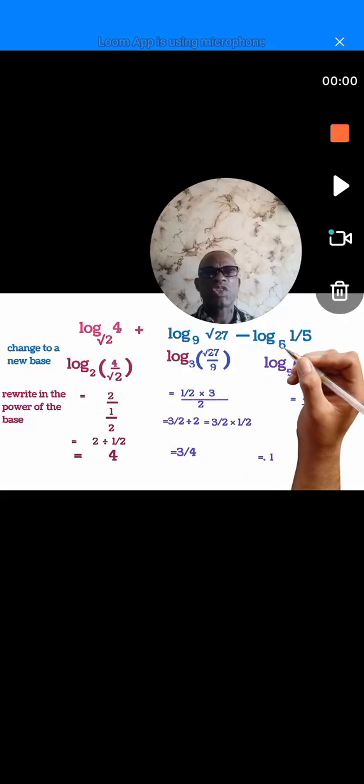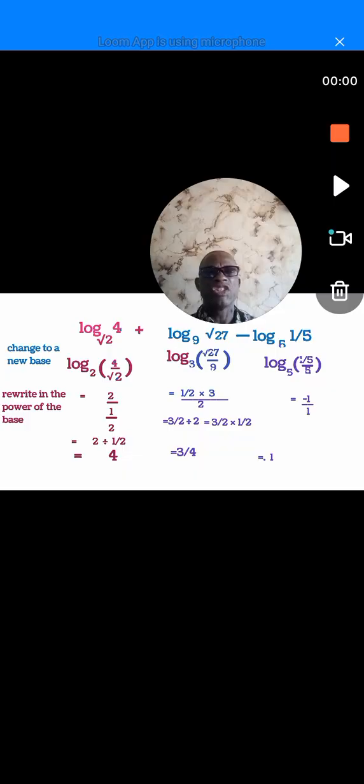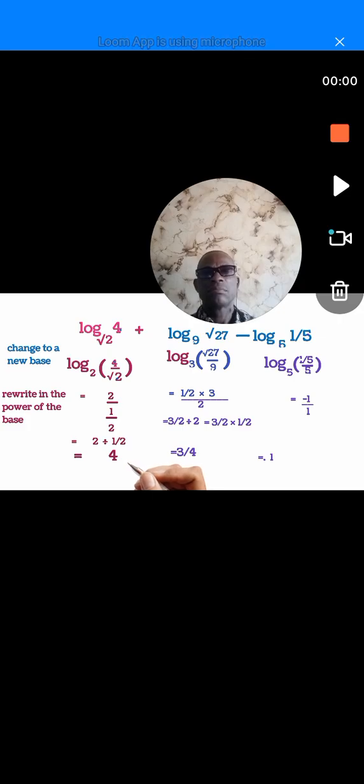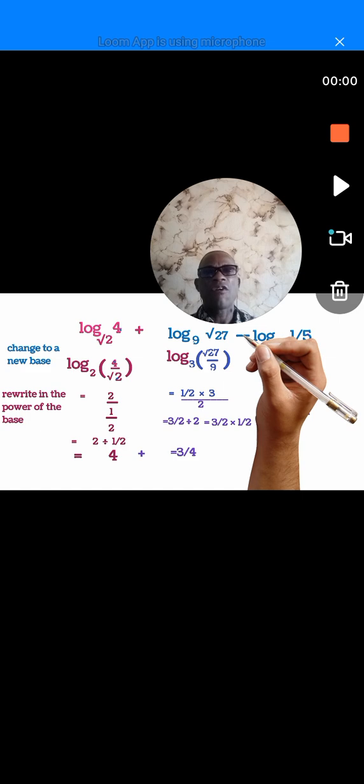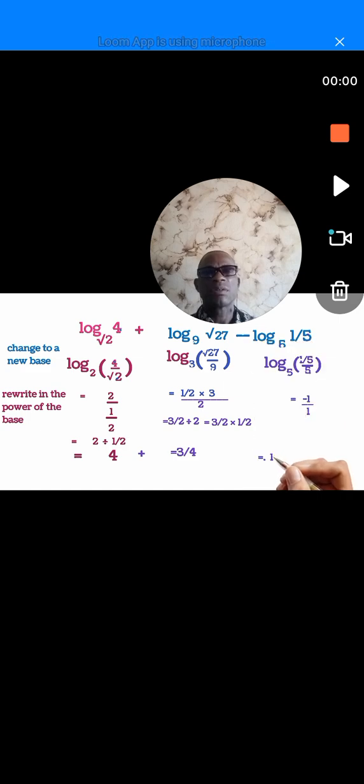And the expression log 1 over 5 base 5, the solution is minus 1. Now we just need to bring out the plus. That is 4 plus 3 over 4 minus, first of all bring out that minus, then what we have is minus 2. So it's going to be minus minus 2, which is the same thing as plus, 4.